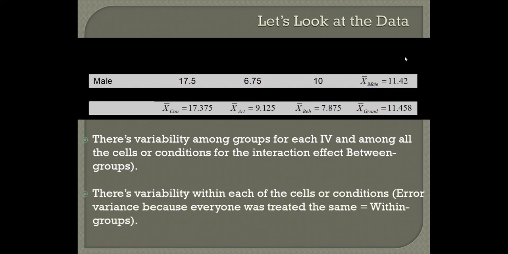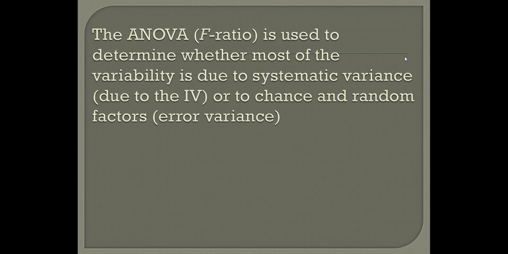And then within each cell we have variability within each cell, and that would be considered error variance, right? The unreasonable expectation would be that if there were no error, then everyone in a given cell would have the same score. Of course, that doesn't happen, so we have variability within the cell, which results in error variance.